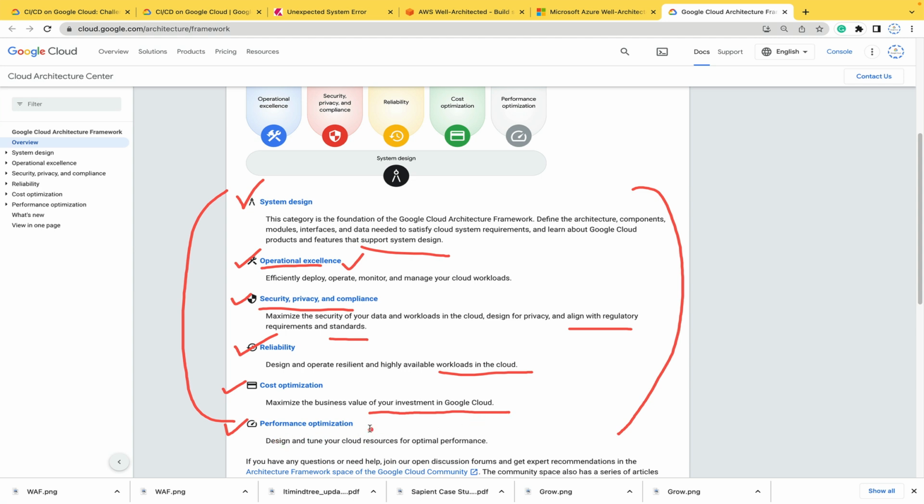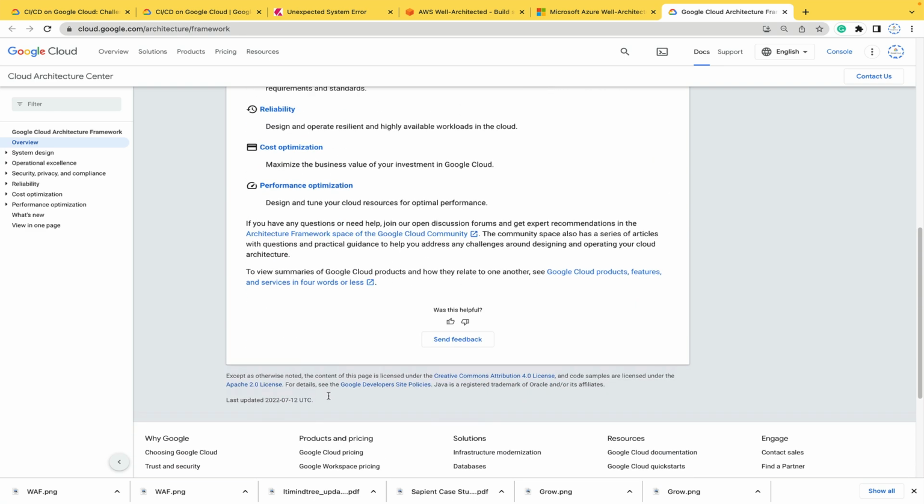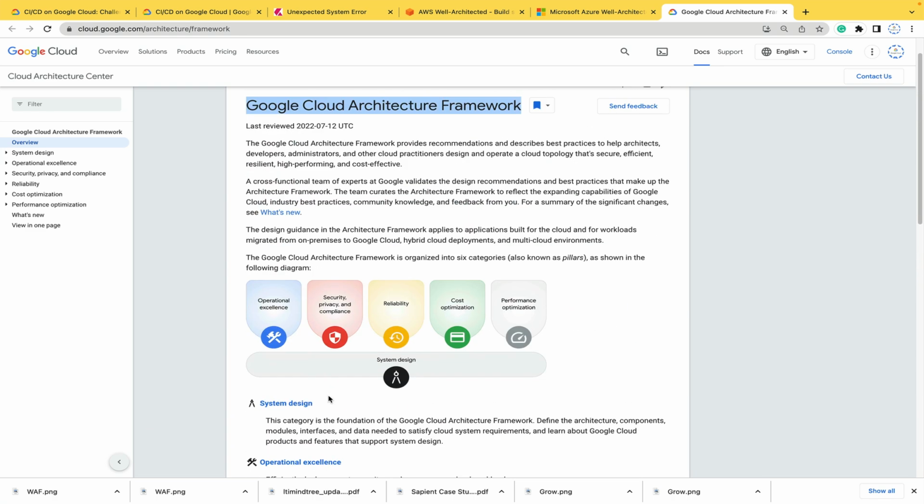Then performance is also a key vital point: design and tune your cloud resources for optimal performance. So these are the main important points which you need to follow whenever you are going to provide any design architecture solution, the well-architected framework, so that we can consider.